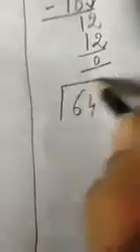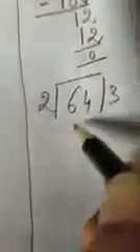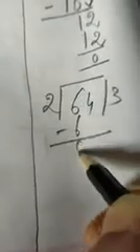Now 64 will be divided by 2. See what you will get. 64 divided by 2. 2 threes are 6. 0. Then 4. 2 twos are 4. Here we got 32. Now 64 divided by 2, we got 32. Now next is 32.